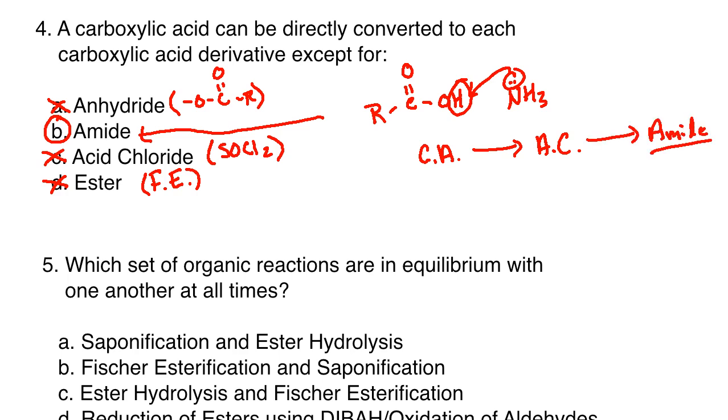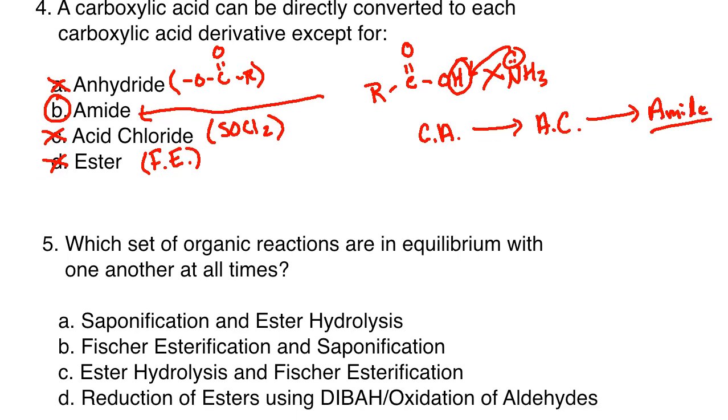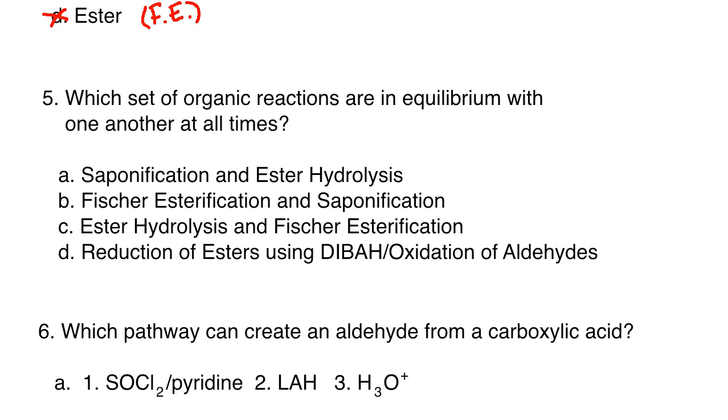That's the way we typically get at amides when we are trying to create them, because the acid-base reactivity between these two are not directly compatible. It's very difficult to turn a carboxylic acid directly into an amide. It's better to go through the acid chloride.